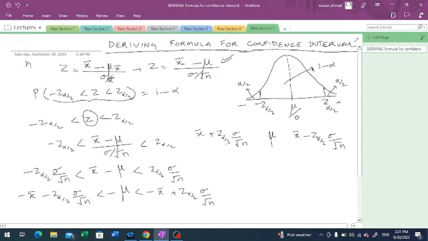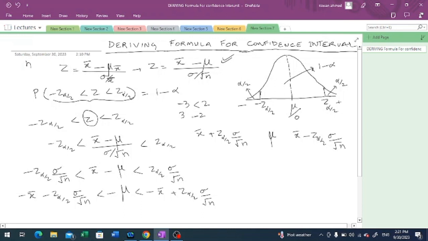Now as we know, whenever we multiply an inequality by a minus 1 factor, the inequality signs are inverted. Let's take an example with some numeric values. If minus 3 is a value less than 2, when we multiply both numbers by minus 1, this will become plus 3 and this would become minus 2.